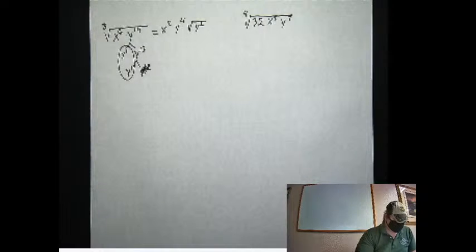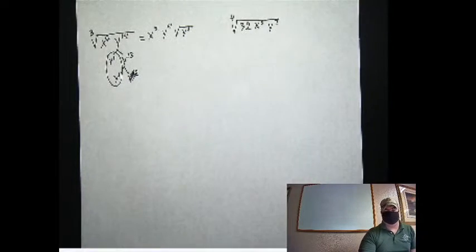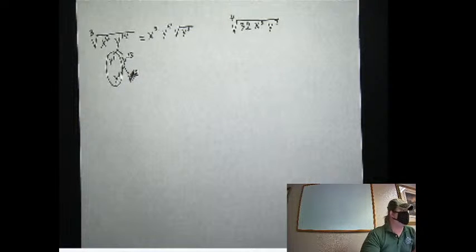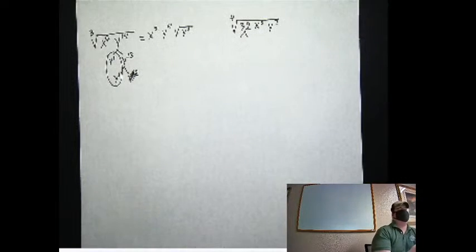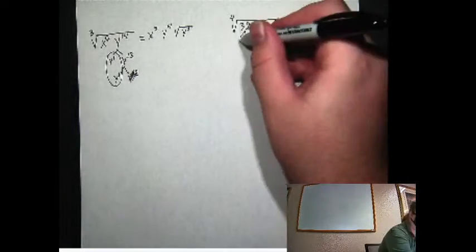Okay. So, let's tackle this. First, this number, 32. Does it take a 4th root? We need something that times itself 4 times is 32. Yeah, can't really think of anything. Let's break it up and see if we can find something that way. So what is 32? 8 and 4.